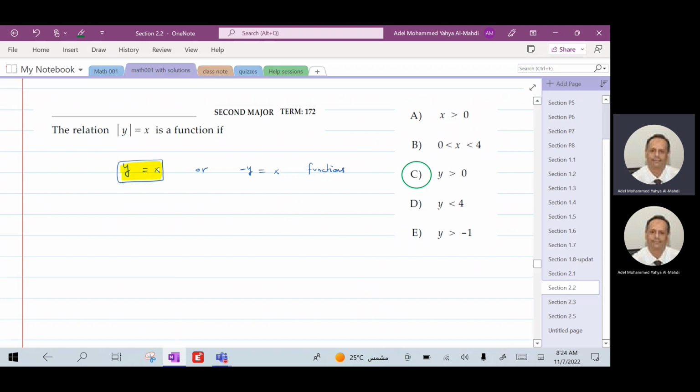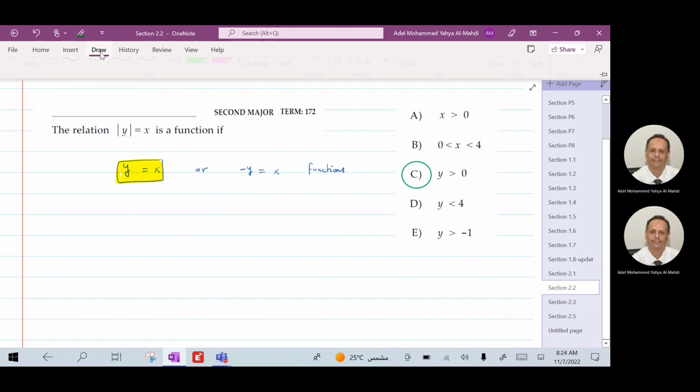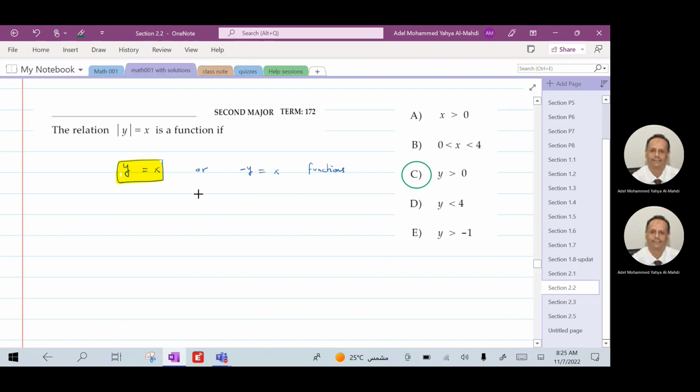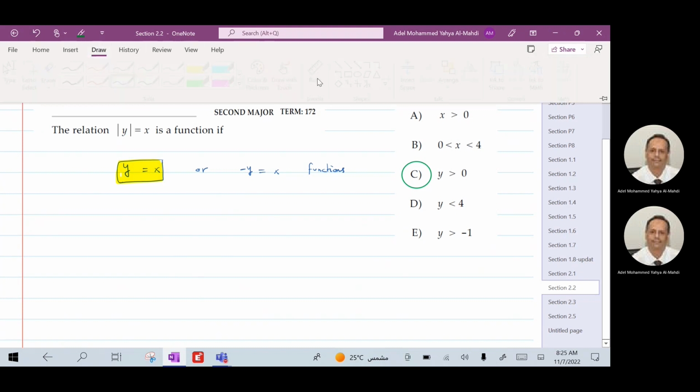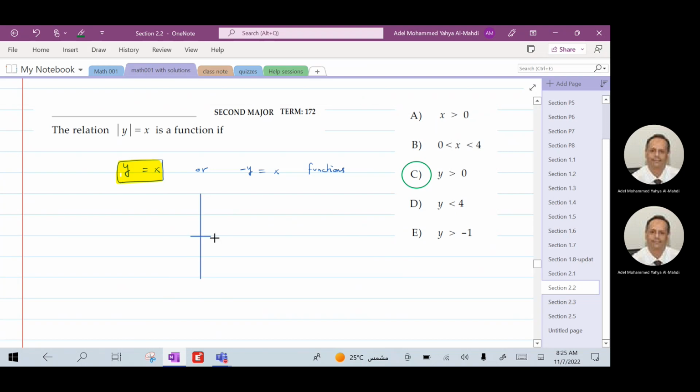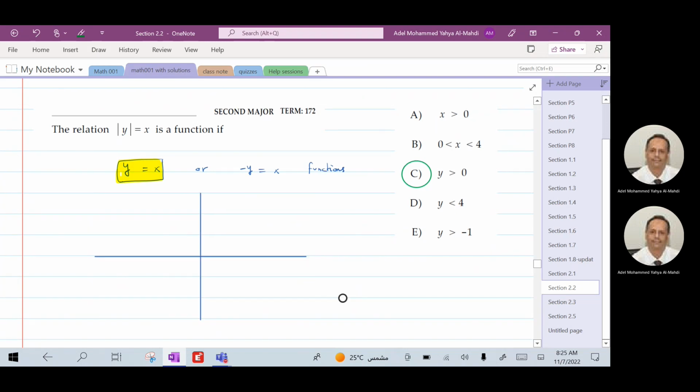Let me graph this function, or remind you of the graph of this one. Maybe from the graph you can understand more. The greatest integer, I'm sorry, the absolute value of y will be like this.